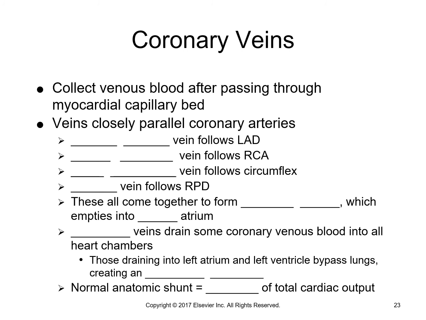Those draining into the left atrium and right ventricle bypass the lungs, and these create an anatomic shunt. And the normal anatomic shunt is about 2 to 3% of your total cardiac output.